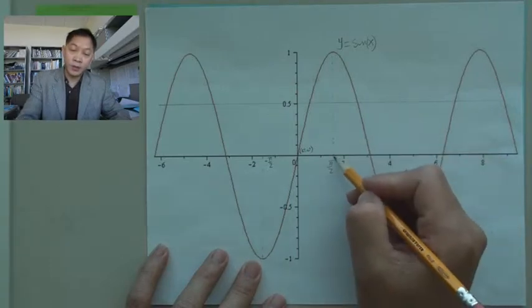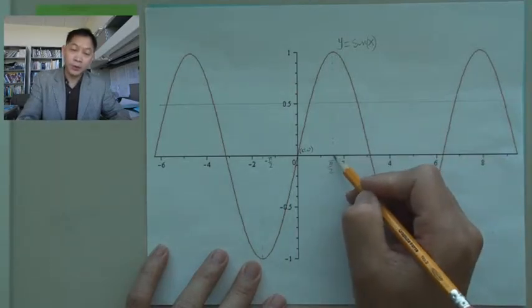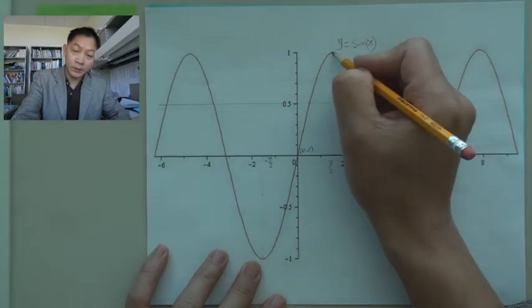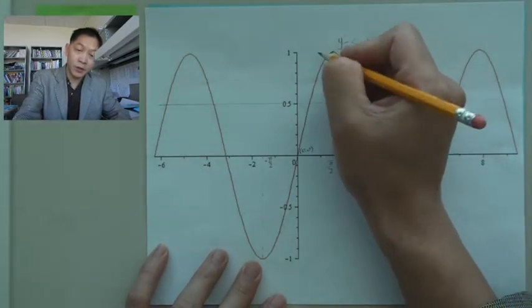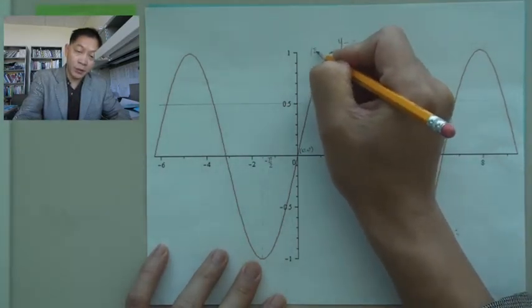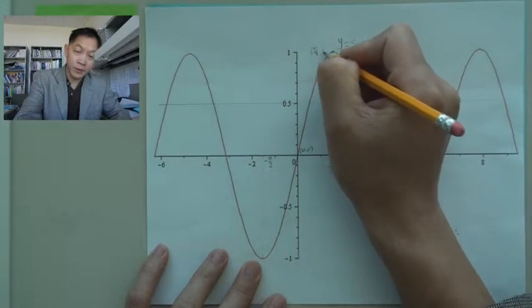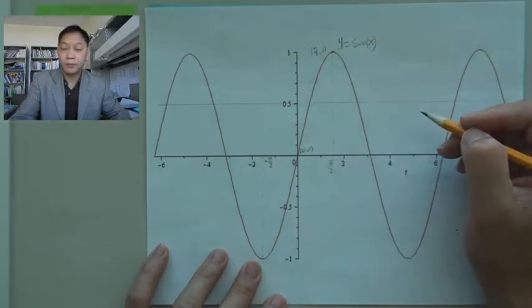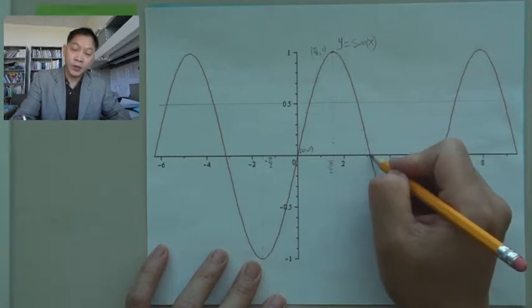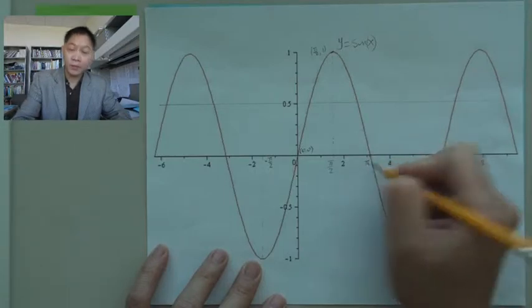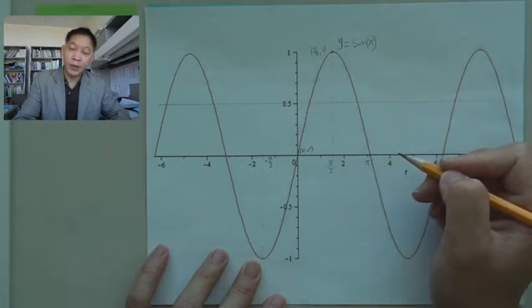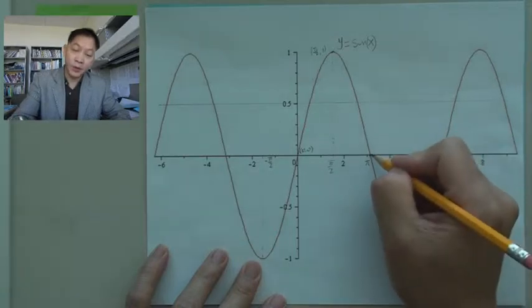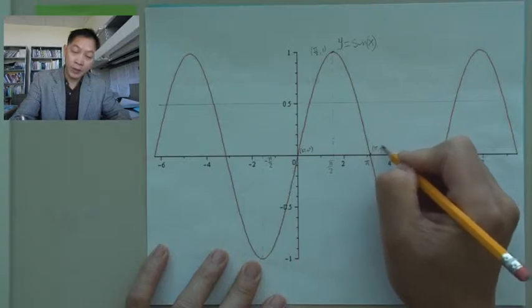And when x is pi over 2, y is 1, so this point is (pi over 2, 1). When x reaches pi, you will then have this point, (pi, 0), again.